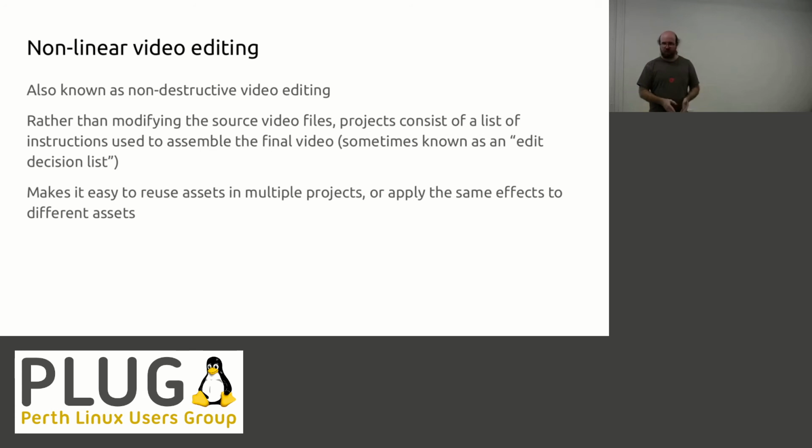So, nonlinear video editing. I suppose these days, if you've ever done any video editing, you probably just call it video editing. The main idea is that you start off with a number of assets which you don't actually modify, and you've got a set of instructions which say how to take these assets and arrange them to produce the final video.